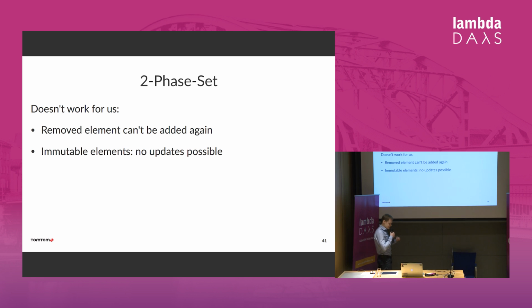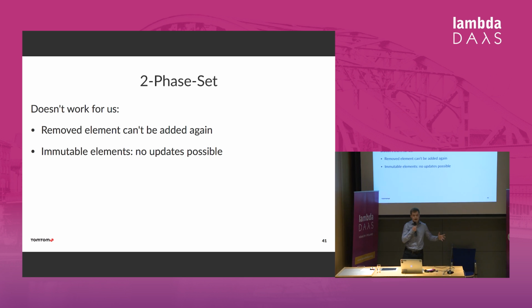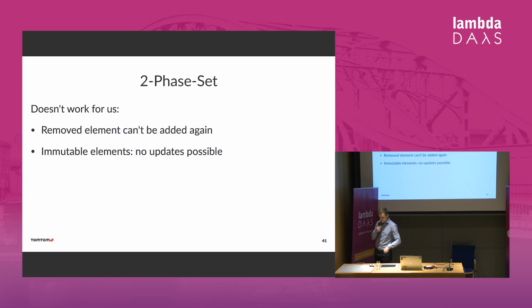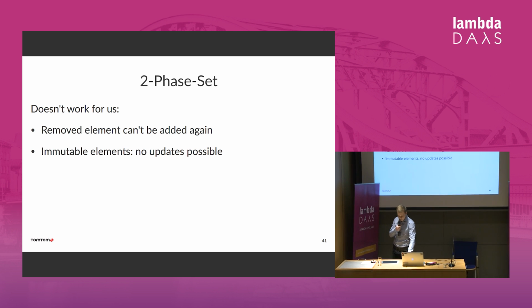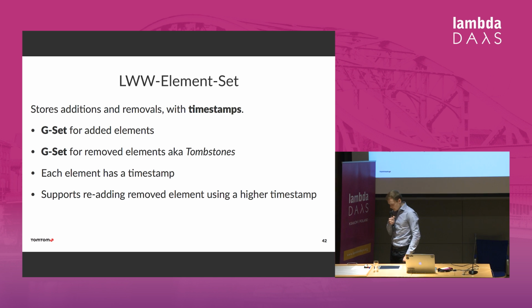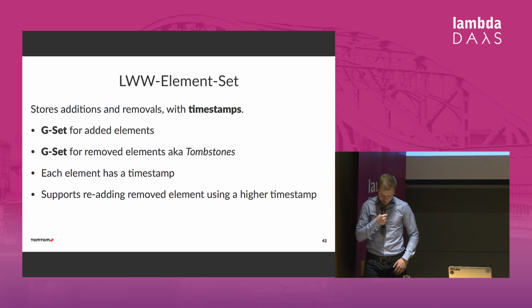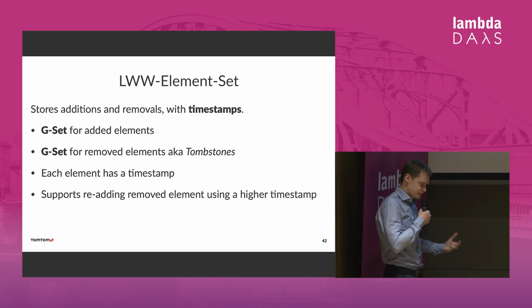Although it really easily brings many more tombstones, or removed elements, to the set. So the remove set grows really, really fast, especially on hot elements that are updated often, which we wanted to avoid. There are at least a few sets that try to tackle the problems of the two-phase set.